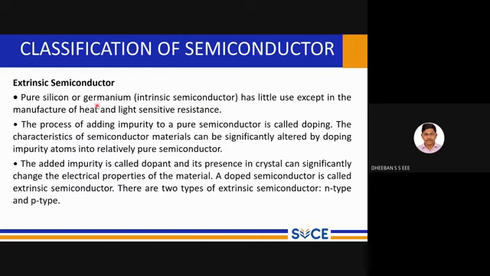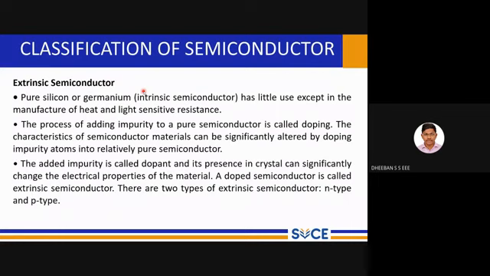Moving to the extrinsic semiconductor, what happens? It is pure silicon or germanium, but with a little impurity. Here, what you have to remember is that you dope, or add.